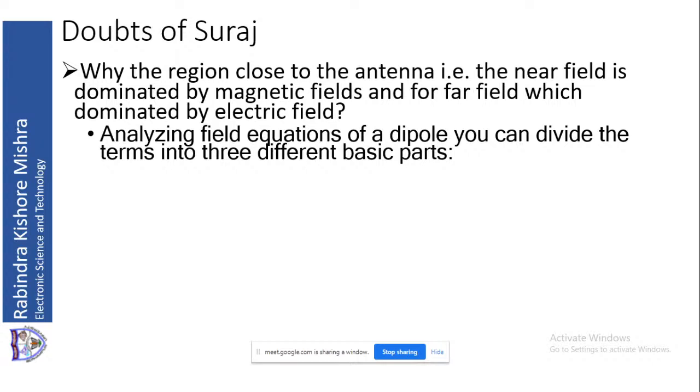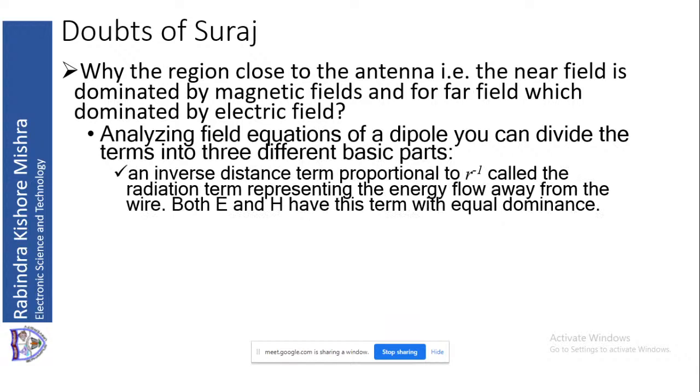Now one of these parts is the inverse distance term, proportional to r to the power minus 1, or inversely proportional to r. This term is called the radiation term, and it represents the energy flow away from the wire or away from the dipole.